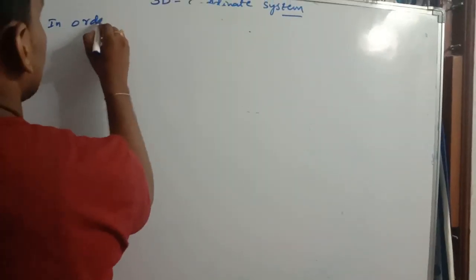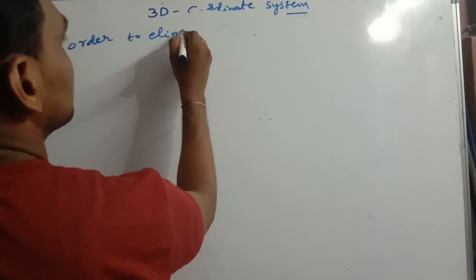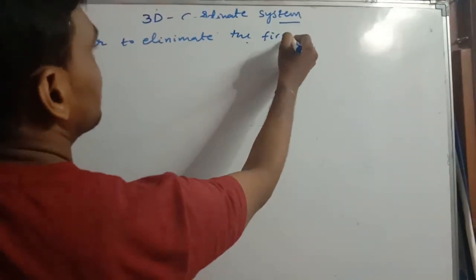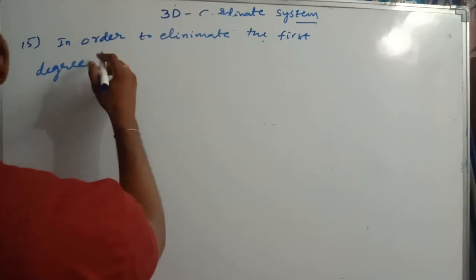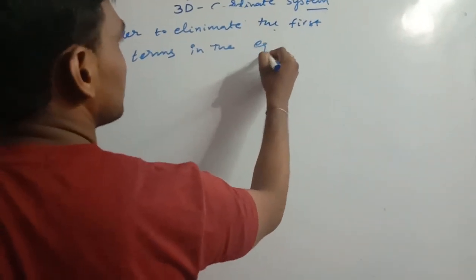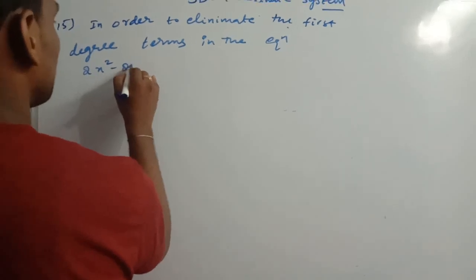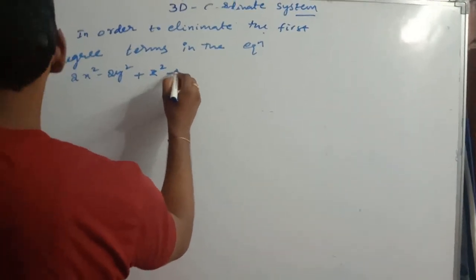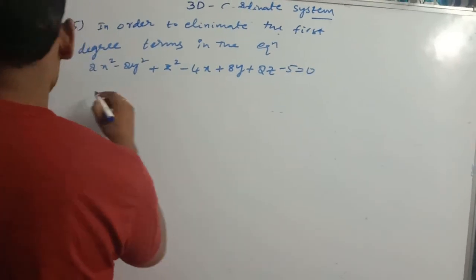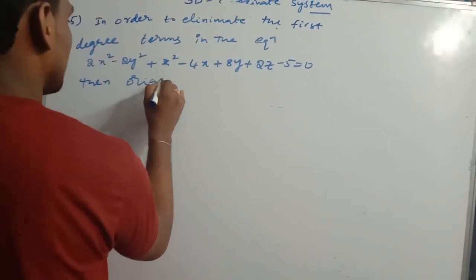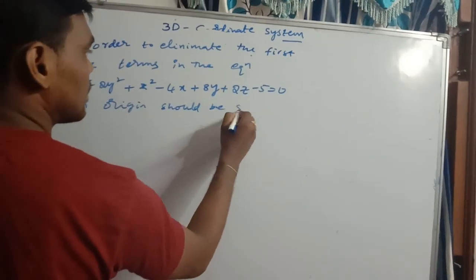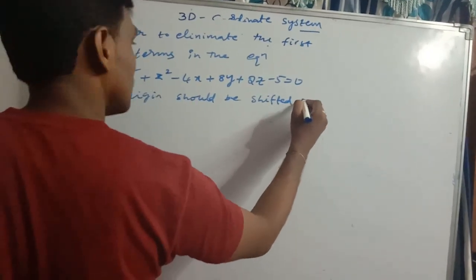In order to eliminate the first degree terms in the equation 2x square minus 2y square plus z square minus 4x plus 8y plus 2z minus 5 is equal to 0, the origin should be shifted to the point.